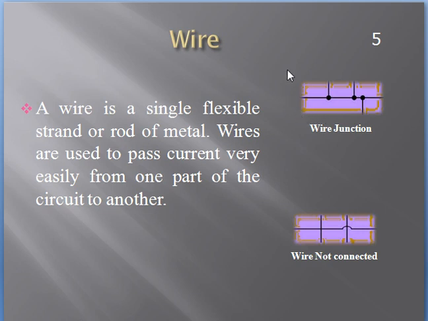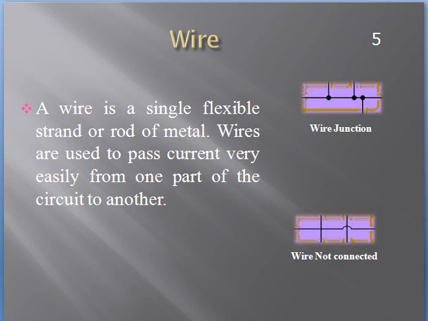In this way we will draw the wire junction, and where the wire is connected and where the wire is not connected, we have to show the connections. In this way we will represent the connection.